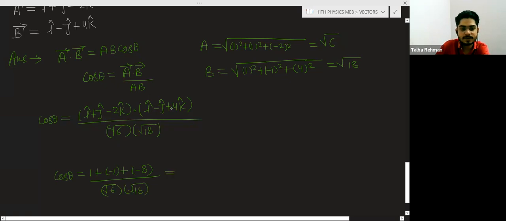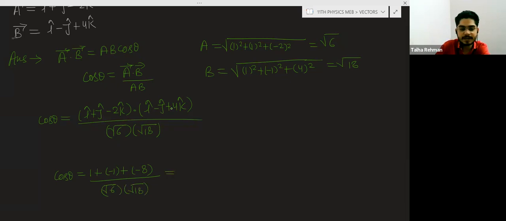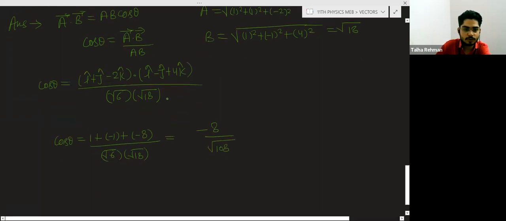So here we will have, this is minus 9 and this 1 and 1 will be cancelled out. This will become minus 8 divided by root 108. Okay. So your theta is equal to cos inverse of minus 8 divided by root 108.